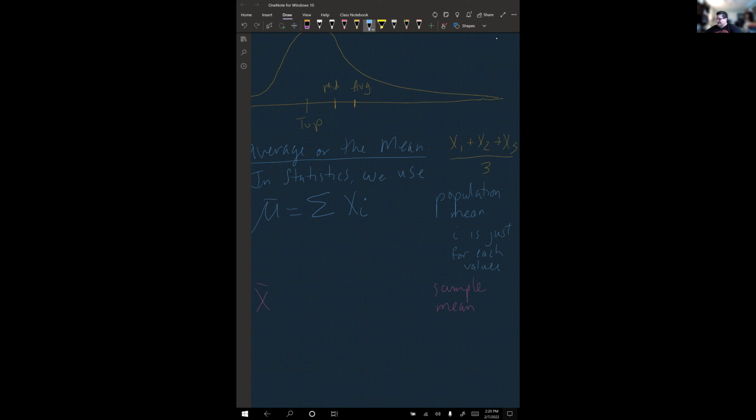It's the ith data value, ith data point. And this symbol right here, this crazy looking E, this is sigma, capital sigma. It's a Greek letter. And it means just add everything up.